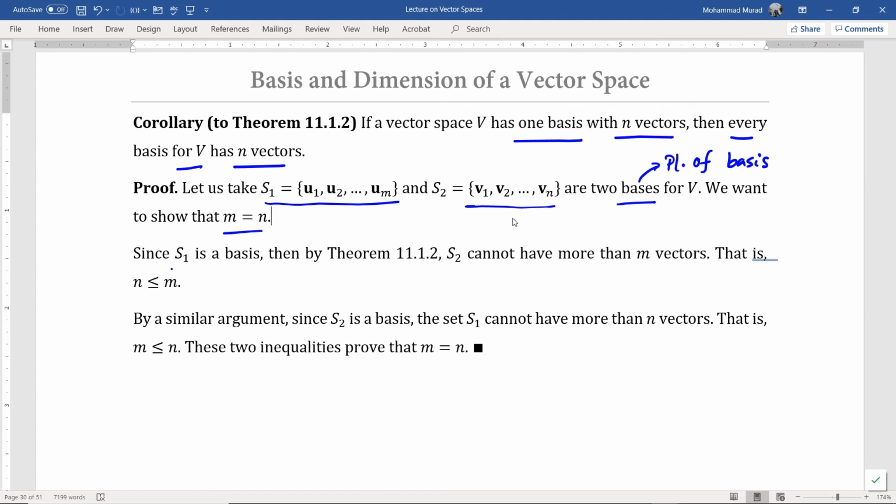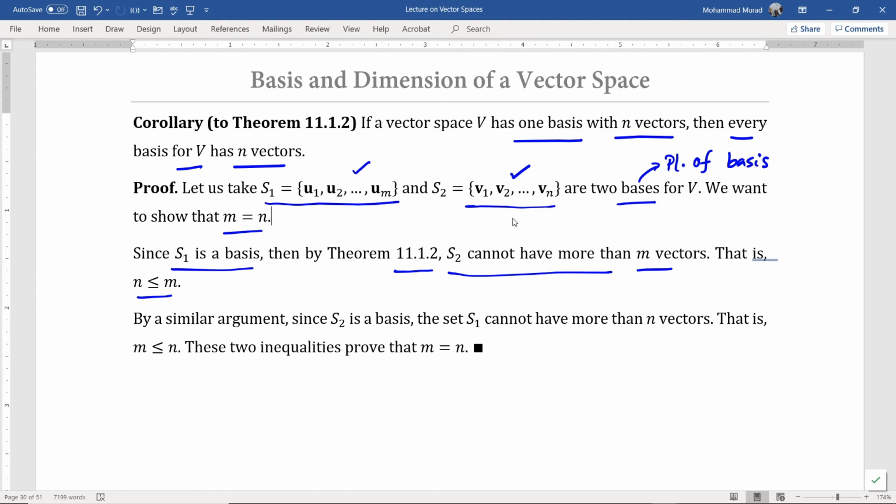Since S sub 1 is a basis, then by the theorem we proved just a moment ago, 11.1.2, S sub 2 cannot have more than m vectors. That is, n has to be smaller than or equal to m.